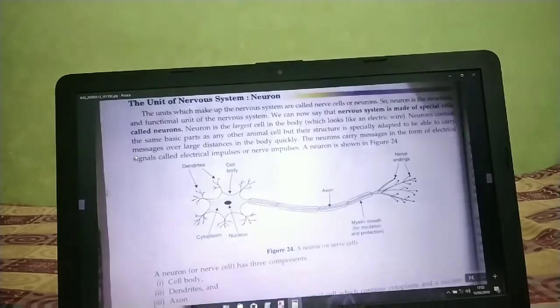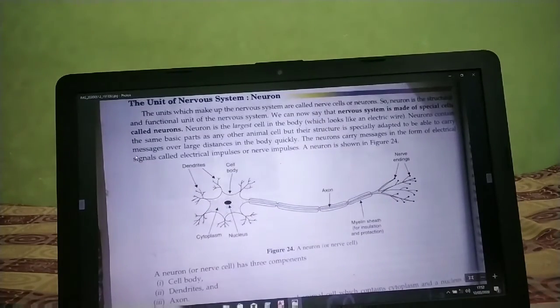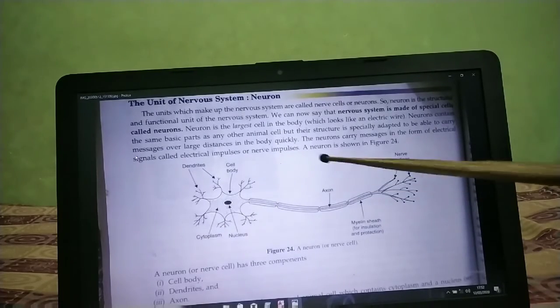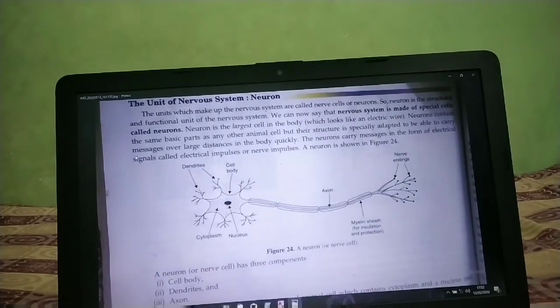So children, next I'll tell you that the unit of the nervous system is the neuron. This is the diagram of a neuron. The units which make up the nervous system are called nerve cells or neurons. So the neuron is the structural and functional unit of the nervous system. It is the largest cell in the body and looks like an electrical wire.